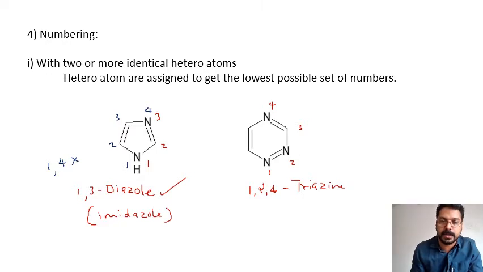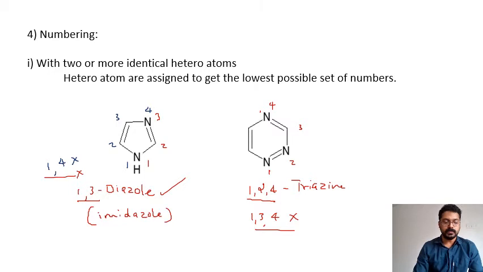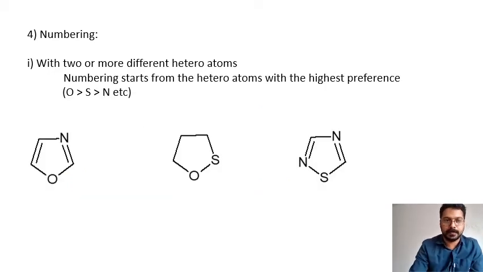But if you start from here, it will be 1, 2, 3, 4, so 1,3,4 is wrong. It is wrong because 1,2,4 is the lowest set of numbers compared to 1,3,4. It's similar in the case of imidazole: 1,3 is the lowest set compared to 1,4. So this is wrong. That is the case of numbering with identical heteroatoms.